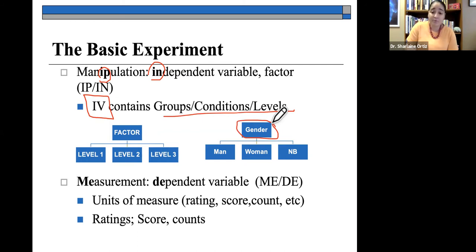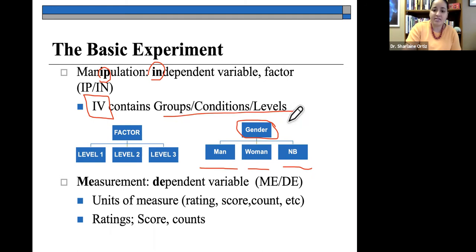If you watched the previous lessons, you'll know this is the case where we can't manipulate the independent variable, but we can select individuals who have that independent variable. For example, gender: I can't assign gender to a person, but I can recruit participants that identify as man, woman, and non-binary, and so on.